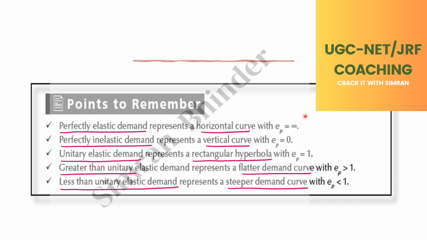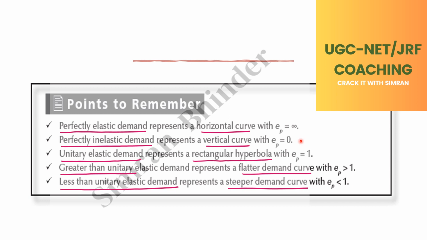So let's revise. Perfectly elastic demand represents a horizontal curve which is parallel to the x-axis and elasticity of demand is equal to infinity. Perfectly inelastic demand represents a vertical curve which is parallel to the y-axis and herein elasticity of demand is equal to 0.